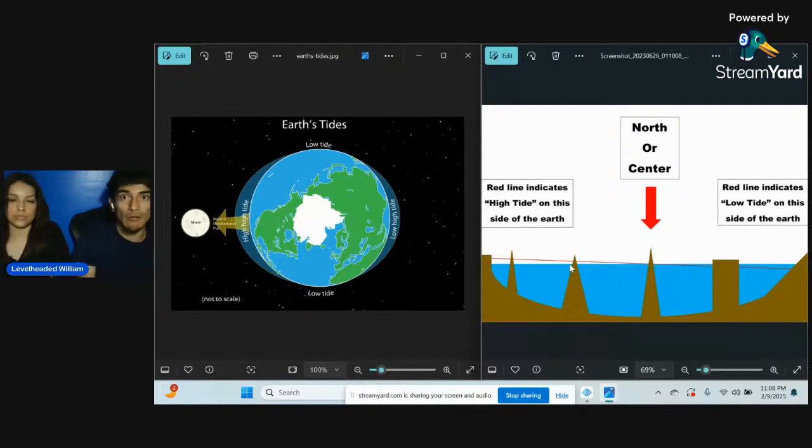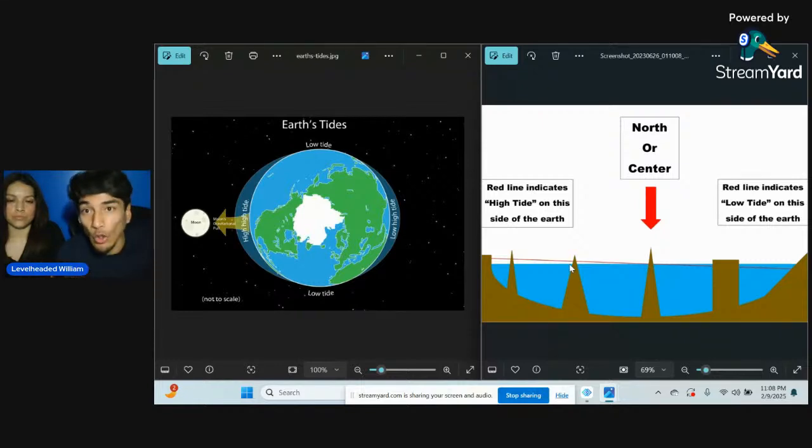Because a lot of people would say, well, why don't the lakes show that there is a high tide and a low tide? Why don't the lakes deviate, right? Again, the larger the body of water, the more it's going to show that deviation. And again, the oceans are obviously the largest body of water here on Earth, and they do show it.